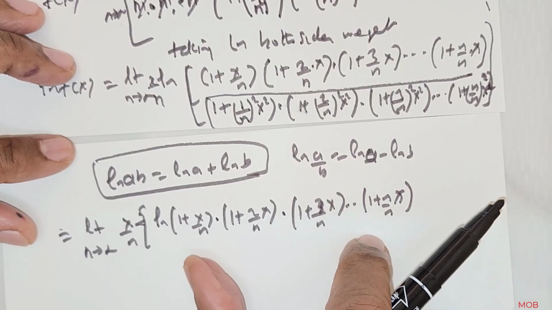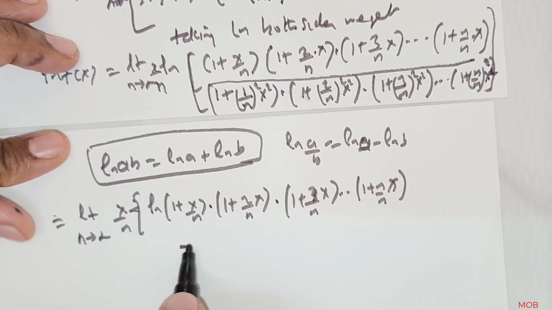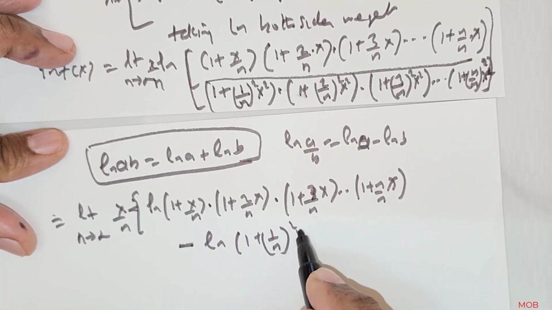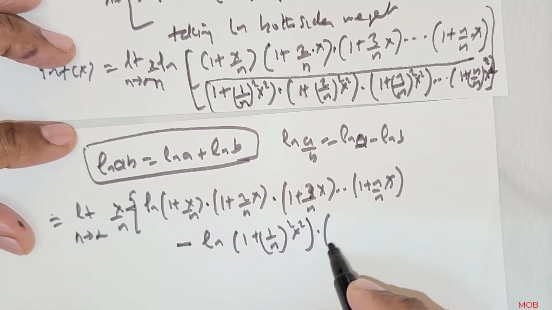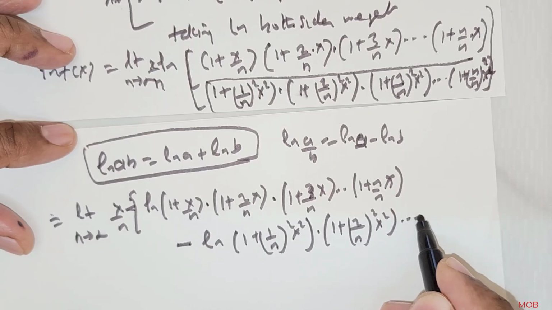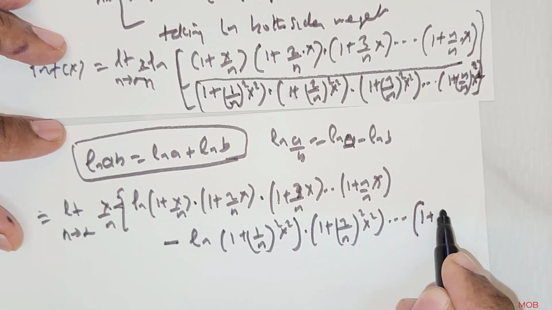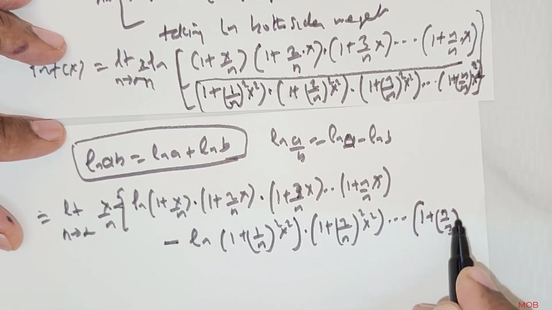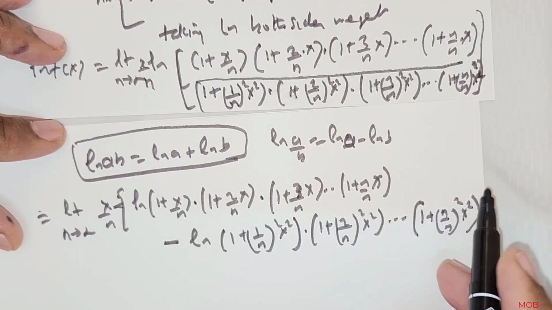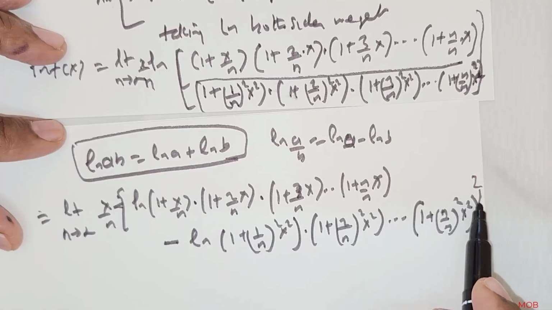This is the first ln, minus ln of 1 plus 1 over n squared times x squared times 1 plus 2 over n the whole squared times x squared, etc. times 1 plus n over n squared times x squared, right? So you place the parenthesis.